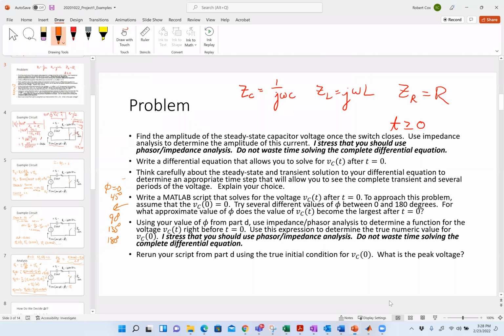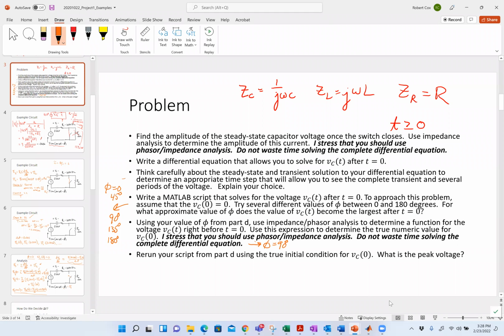So the rest of the problem is, using your value of phi from part D, so we just got that phi here was 90 degrees. Phi equals 90 degrees. Use impedance phasor analysis to determine a function for the voltage V sub C of t right before t equals 0.